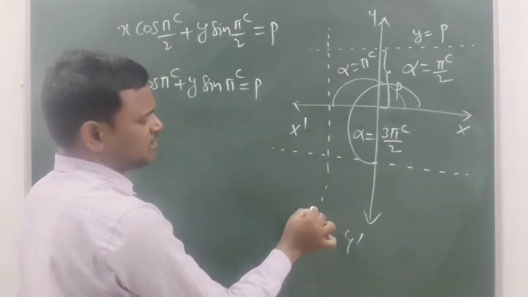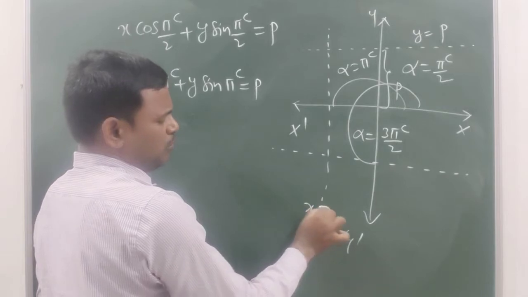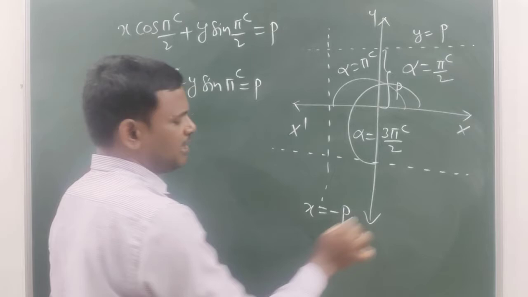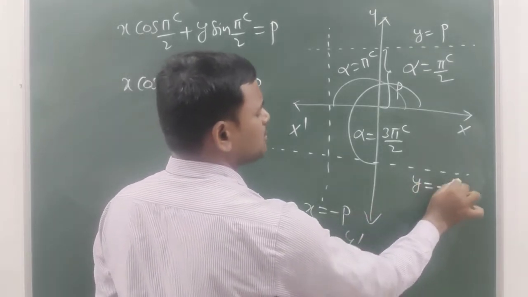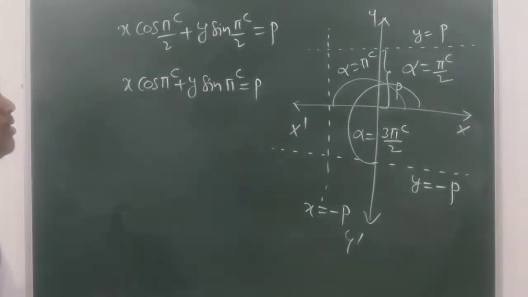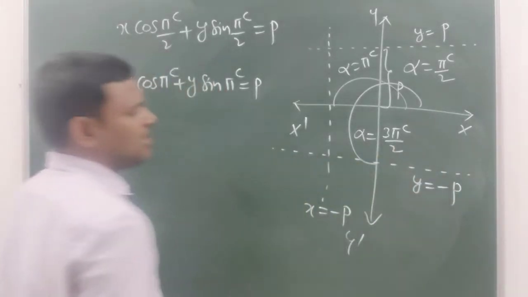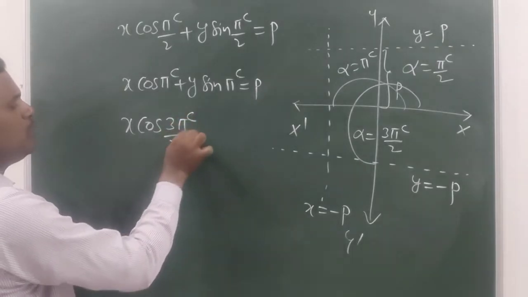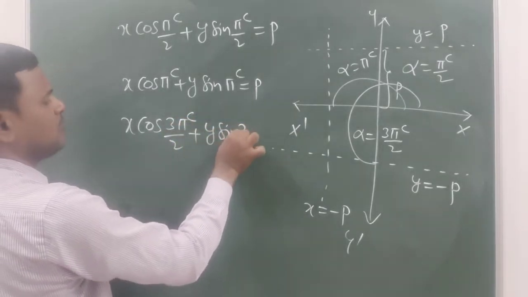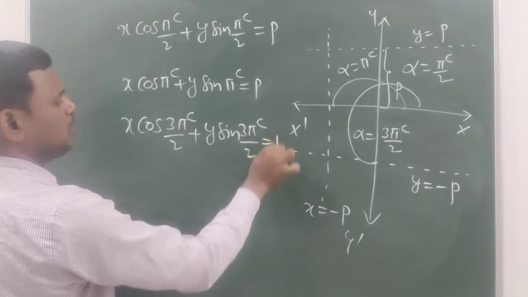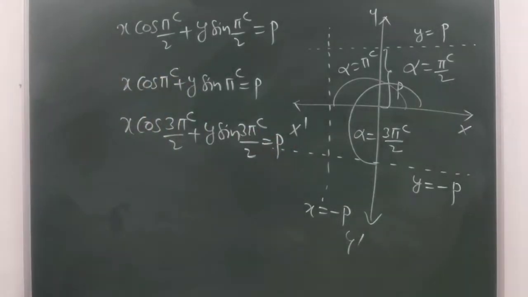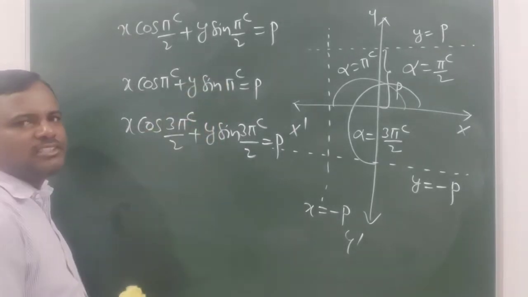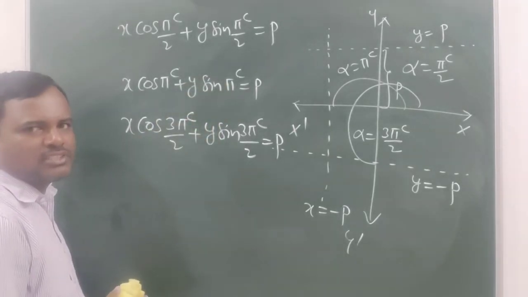So whose equation is x equal to minus p, whose equation is y equal to p, and this horizontal line equation is y equal to minus p. Okay, what is the equation of this line in the normal form? X cos 3 pi by 2 plus y sin 3 pi by 2, which is equal to p. Okay, so we have to remember these three cases under this normal form of the straight line.